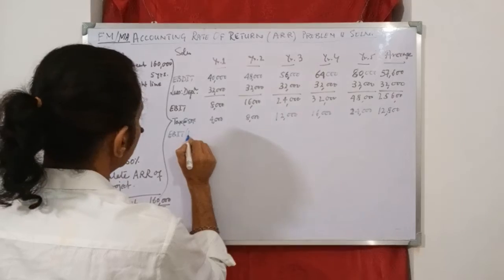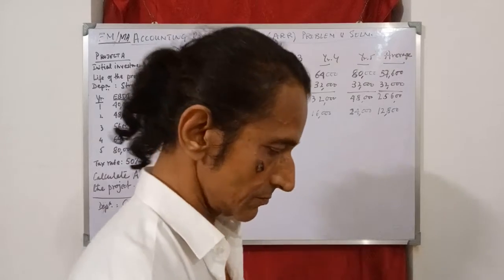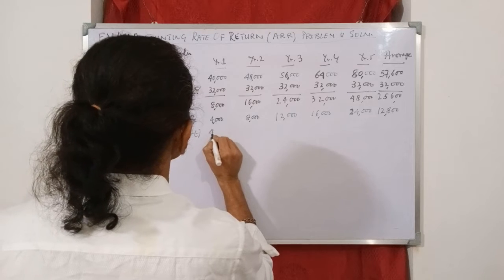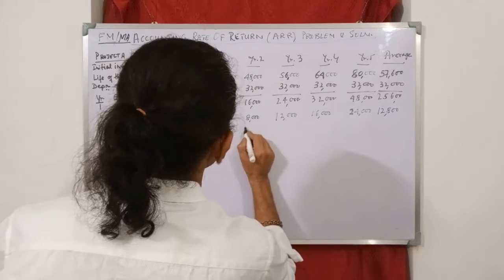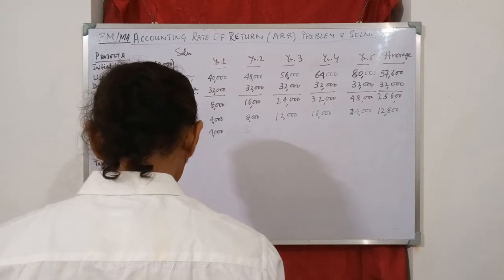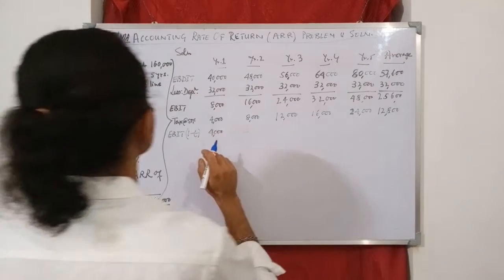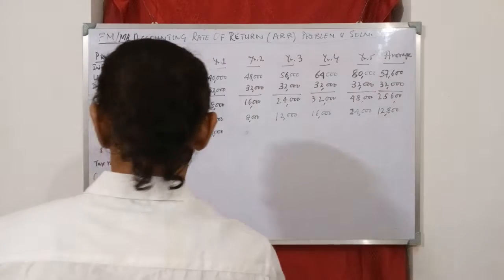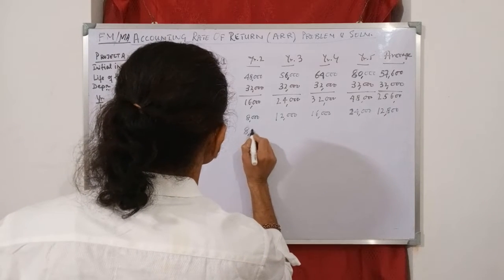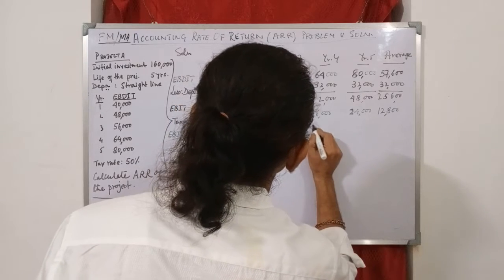So we get here EBIT multiplied by 1 minus T. This is 4,000. This is 8,000. Unfortunately, I am running out of ink. This is 8,000. This is 12,000. This is 16,000.